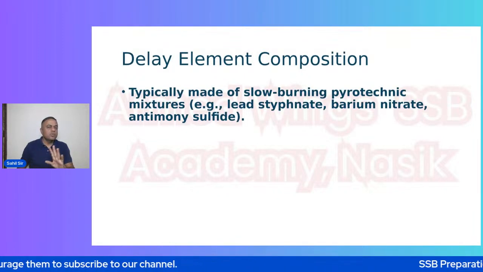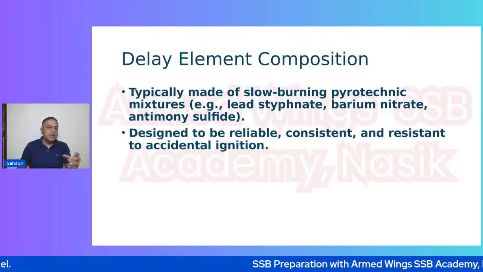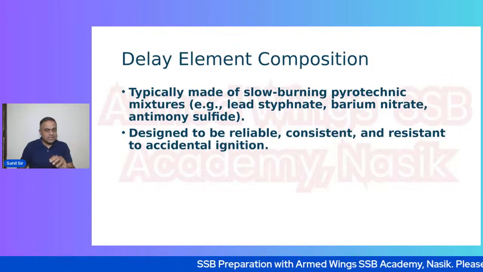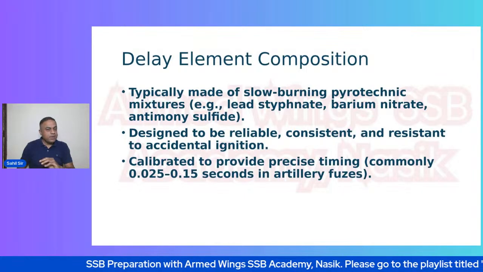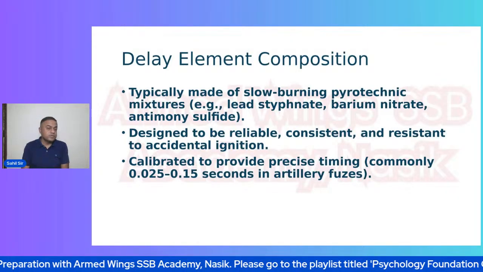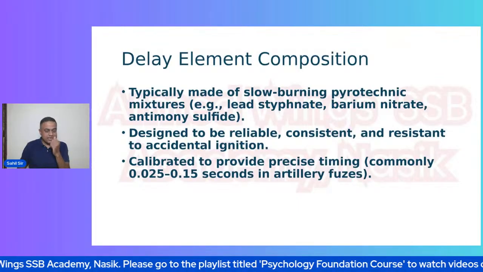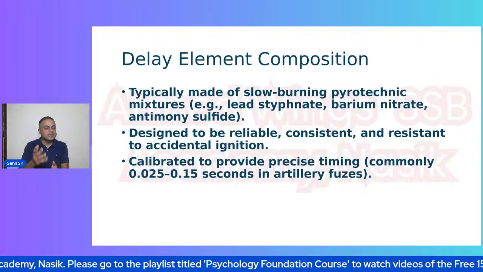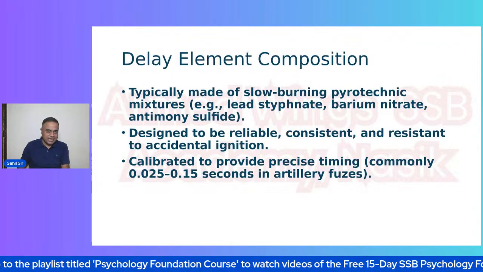Typically made up of slow burning pyrotechnic mixtures like lead styphnate, barium nitrate, or antimony sulfide, designed to be reliable, consistent, and resistant to accidental ignition, calibrated to provide precise timing, commonly 0.025 to 0.15 seconds in artillery fuses. So you can understand, delay doesn't mean hours or minutes, it's 0.025 to 0.15 seconds.